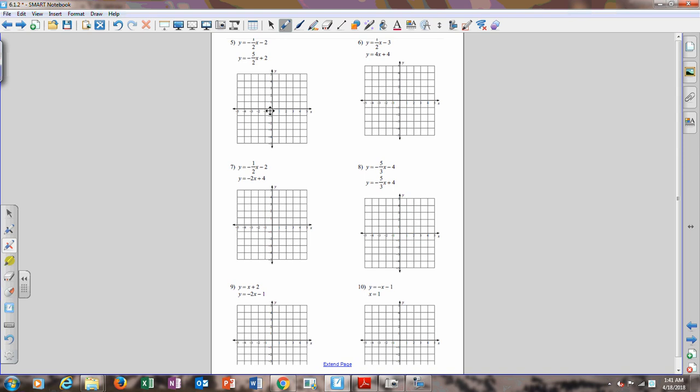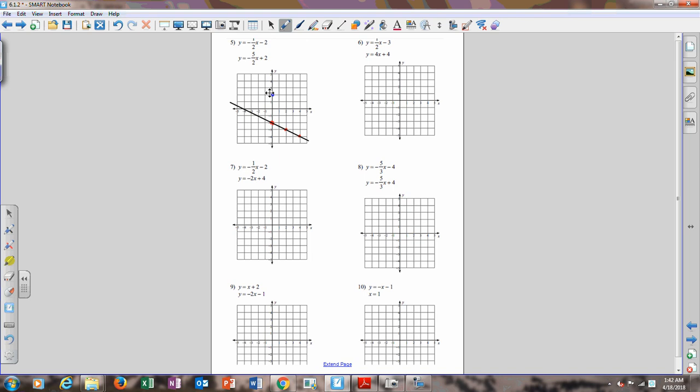On number 5, start by going down 2, make a dot. Then you go down 1, right 2. Second one starts at plus 2.